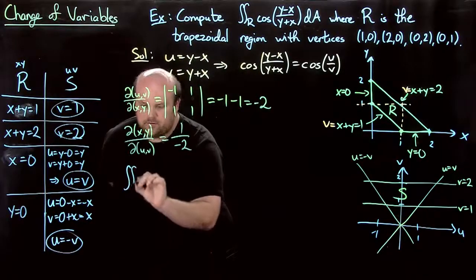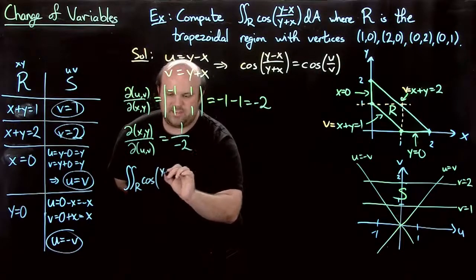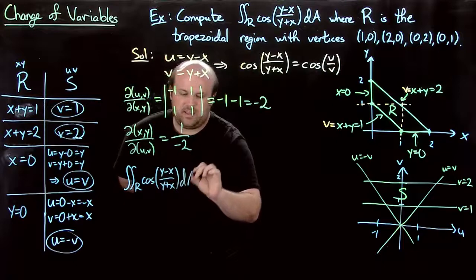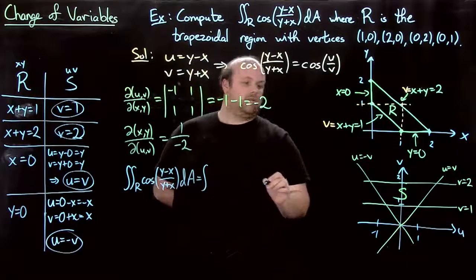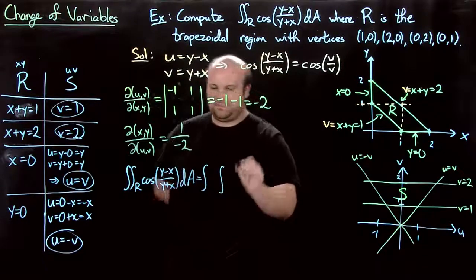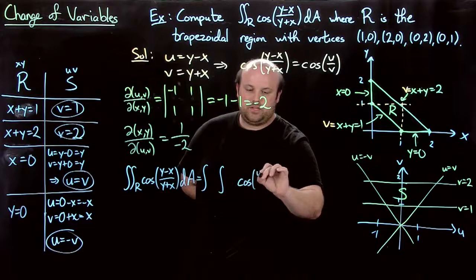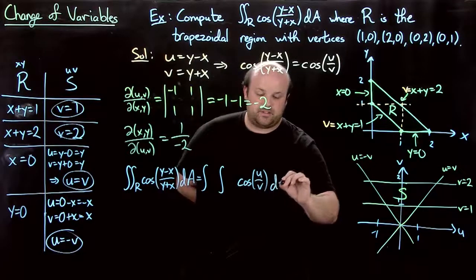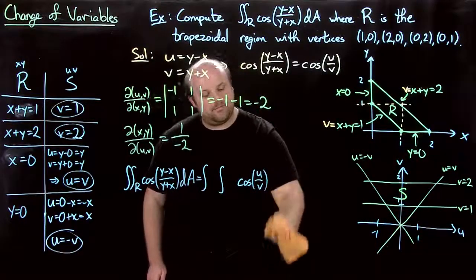Okay. So now let's actually get on with this integral here. So the integral over R of cosine of (y minus x) over (y plus x) dA. Let's set this stuff up first. Cosine of u over v. Now remember, we have to do du first, but we also need to put in the Jacobian.